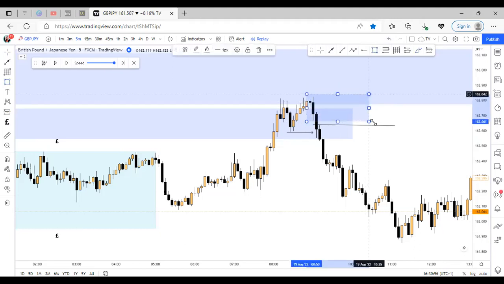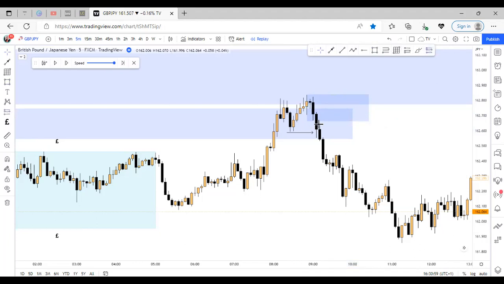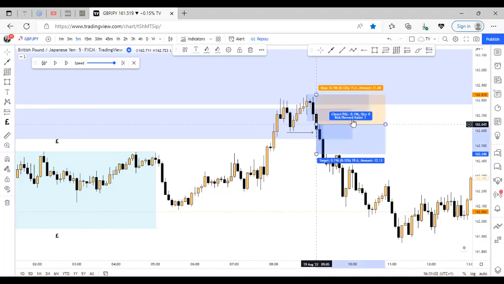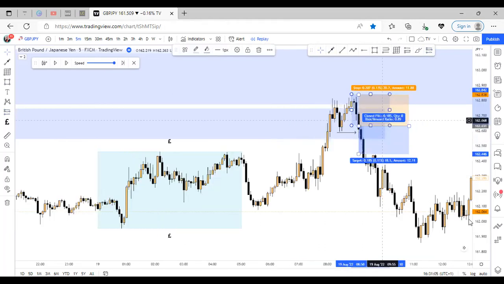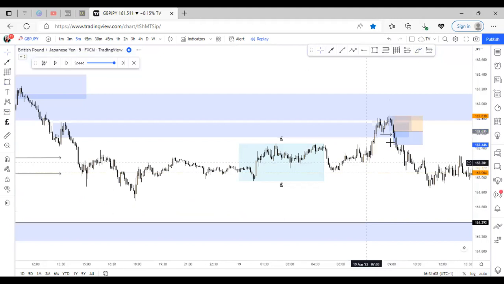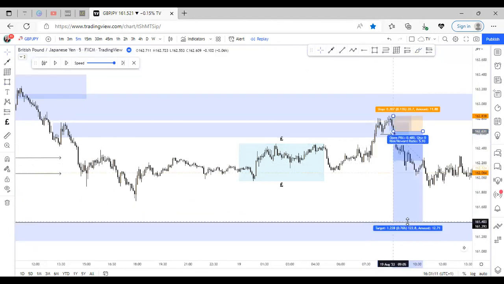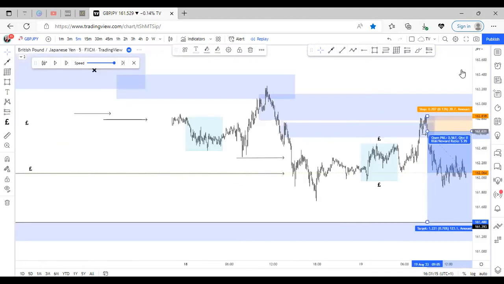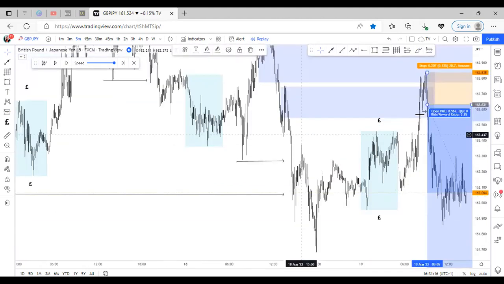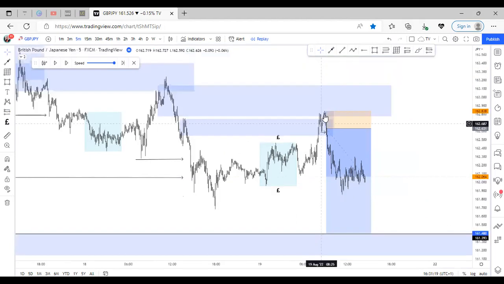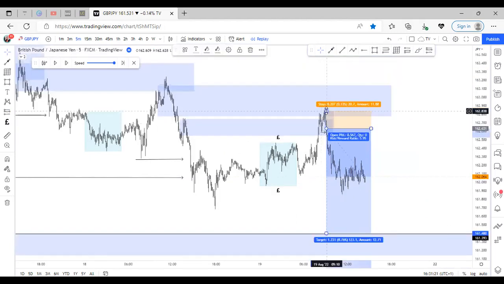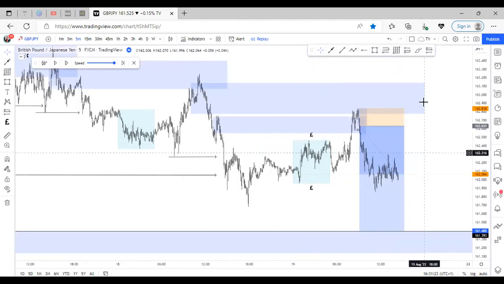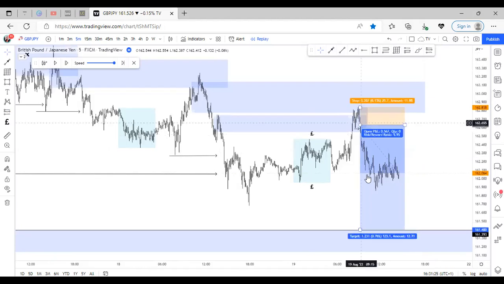This right here became my new supply zone, and I got into a sell trade and market executed a sell from right here, and my take profit was for this right here. And was that take profit hit? Yes, it was. So this was how I was able to get into this sell trade.